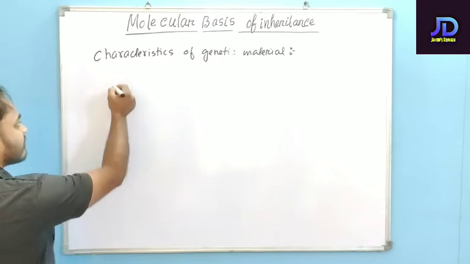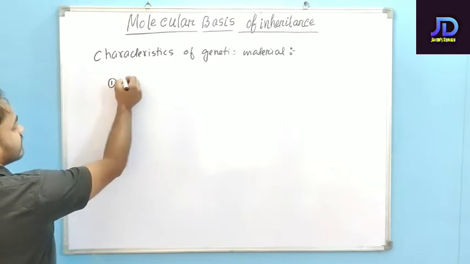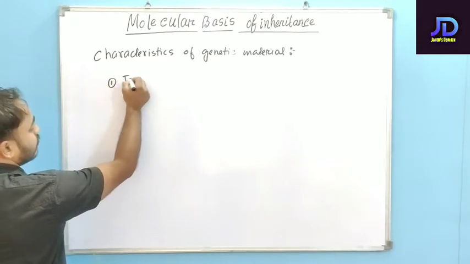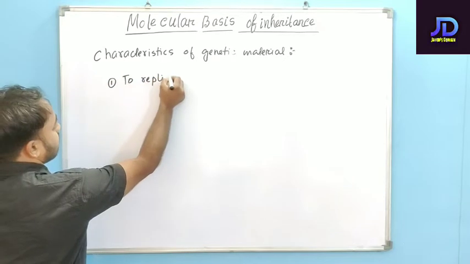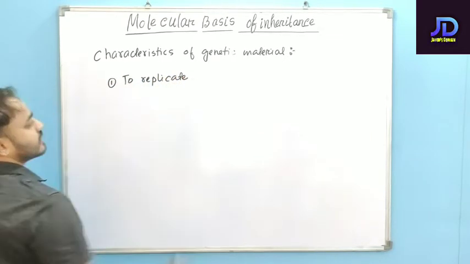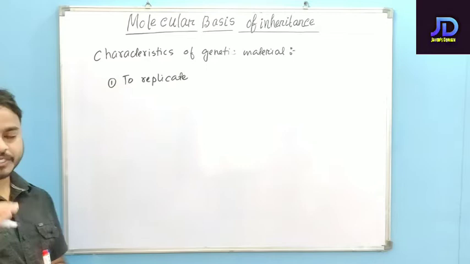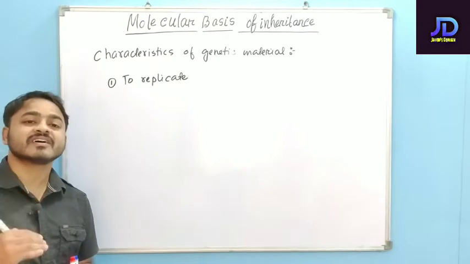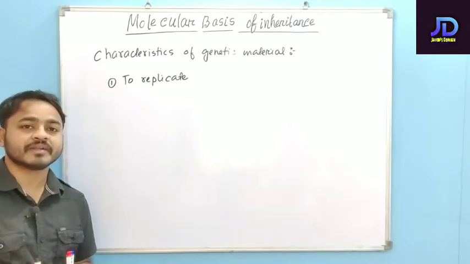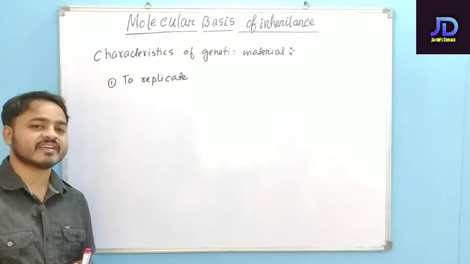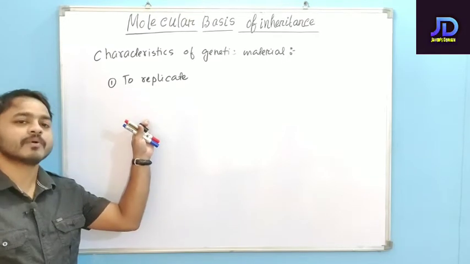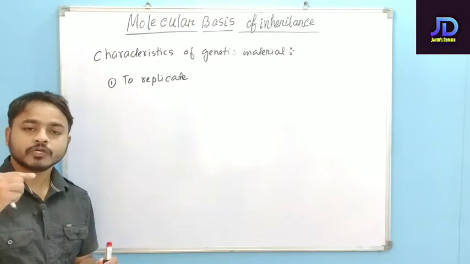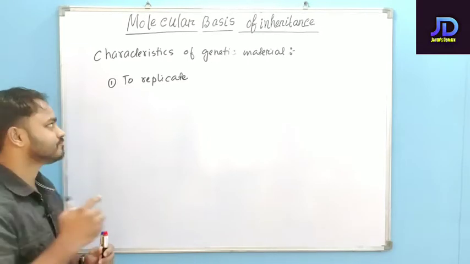That is why the first characteristic is it must be able to replicate. In order to consider a substance to be genetic material, the first criterion is that it must be able to replicate or to form a copy of that.